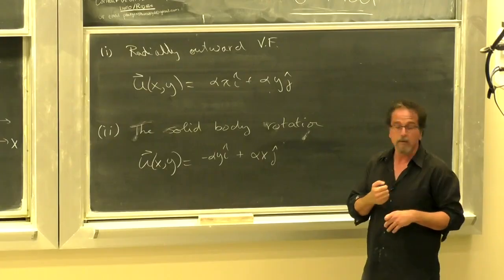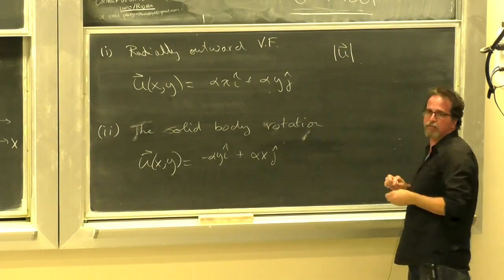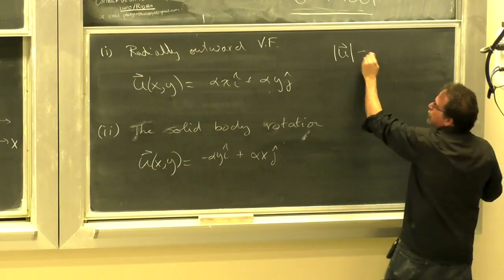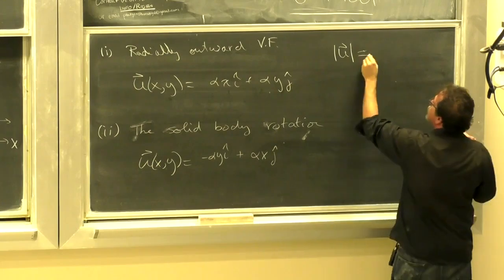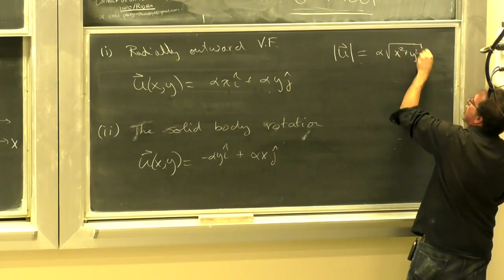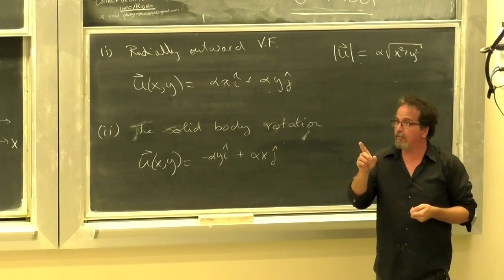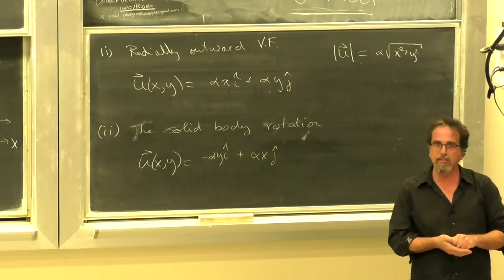But what is the magnitude of u in this problem? The magnitude of u is equal to this squared plus this squared square root, which is equal to alpha times the square root of x squared plus y squared. And when you do that, you see there is symmetry. I like the scratching of the chin there. At least somebody saw that symmetry.